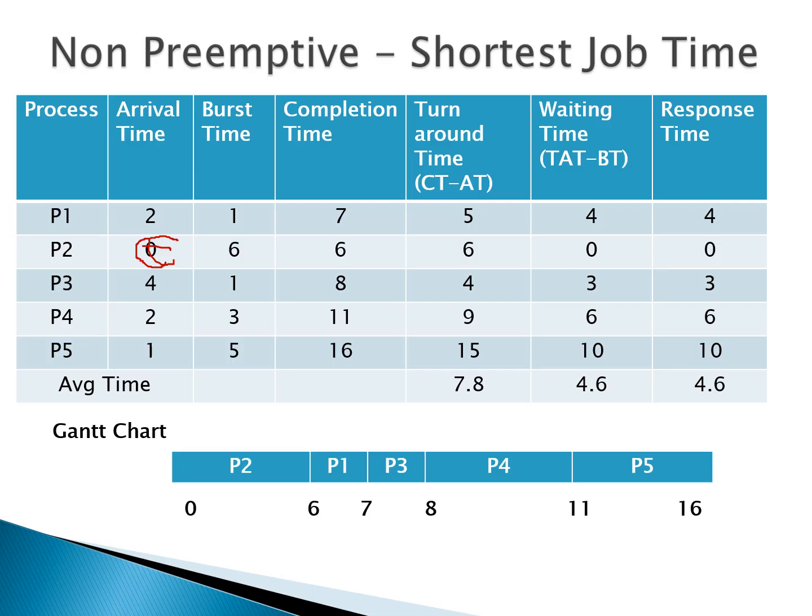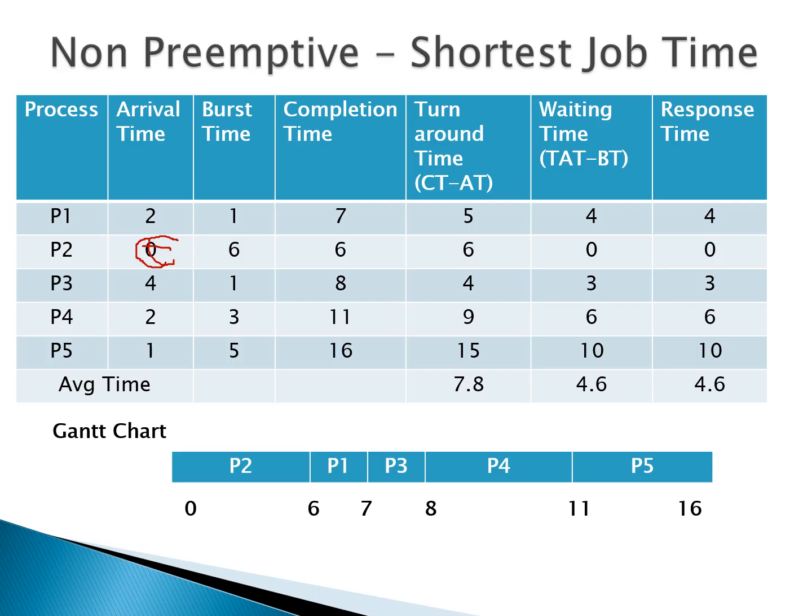P1 entered first, at 2, so now process 1 is executed. You can see here process 1 has been executed for its burst time, that is 1. So till 7, unit time, this P1 completes its work.